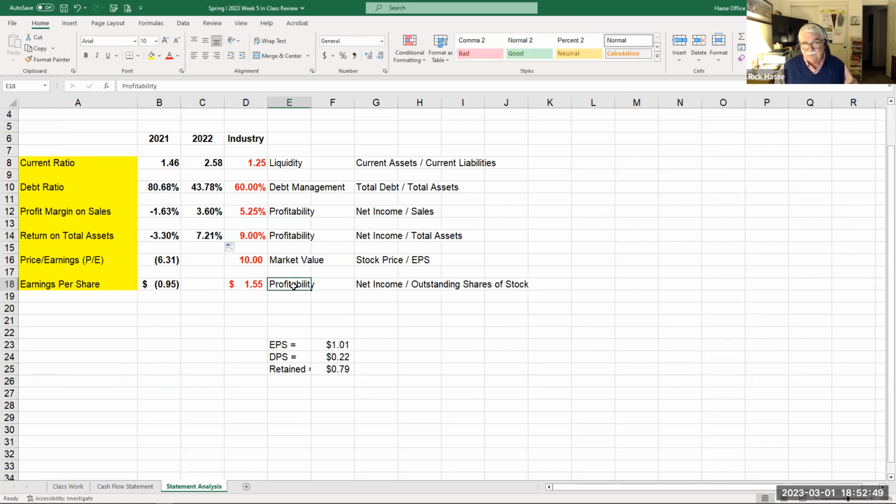And the last profitability relationship is called earnings per share. And as MBA students, many of you probably have heard about this one. The relationship of the net income of the company to the outstanding shares of stock. Remember, earnings per share is used a lot in the media.